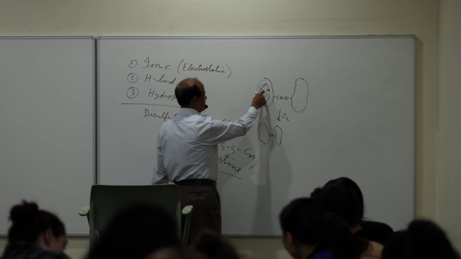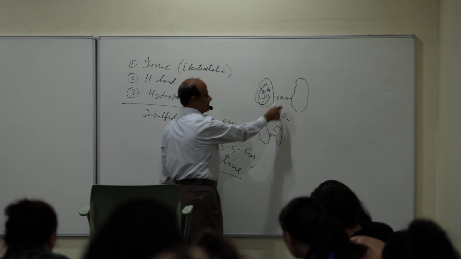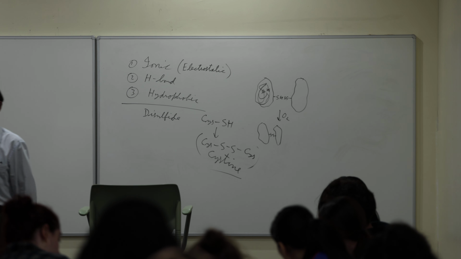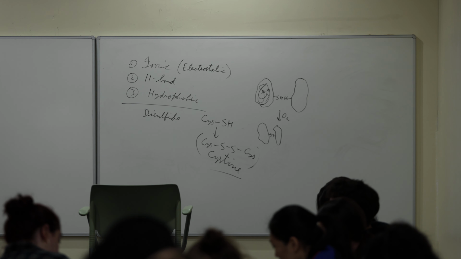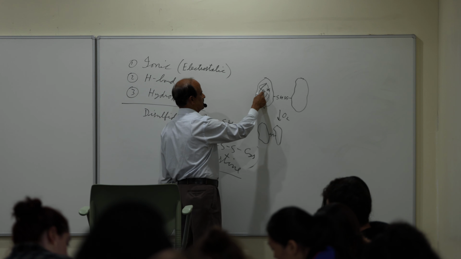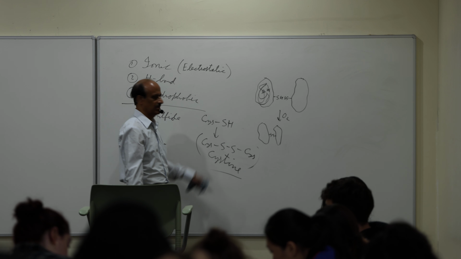It can be an intramolecular or intermolecular linkage. The intermolecular linkage may be responsible for keeping the subunits together. With the intramolecular linkage, within the same protein, two SH groups can combine to form a disulfide linkage.